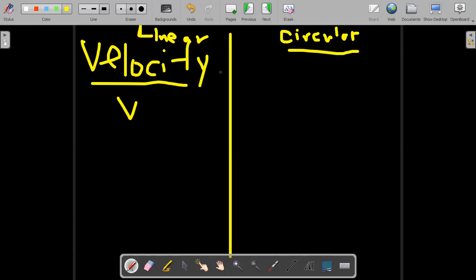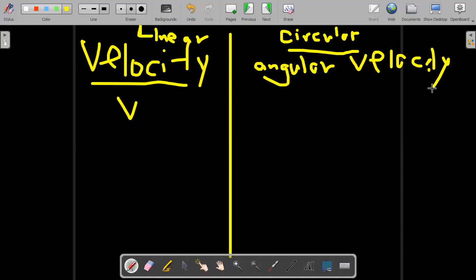Under circular motion, we have the counterpart, which is called the angular velocity. It is denoted by the letter omega. Okay. It looks like a W or something like that.